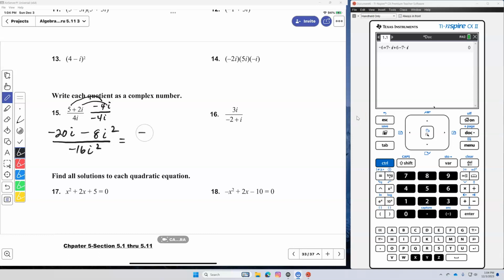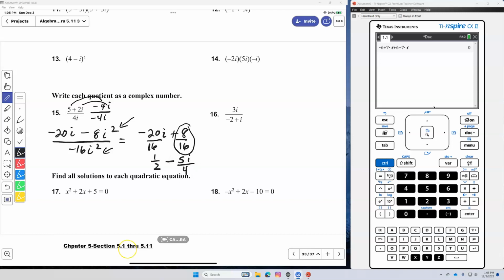So you have negative 20i, negative 8 times negative 1, because i squared is equal to negative 1. So it's positive 8. And it's going to be divided by negative 16 times negative 1 is 16. So the real part always comes first. That's 1/2. Negative 20 over 16 is divisible by 4. So it's minus 5i divided by 4.